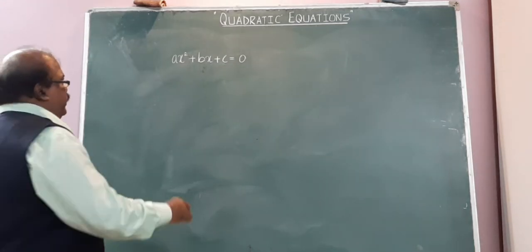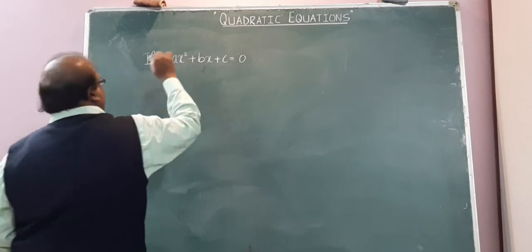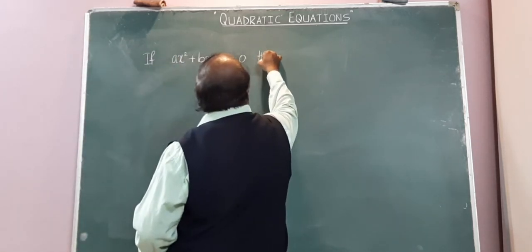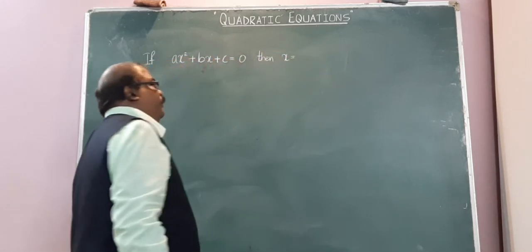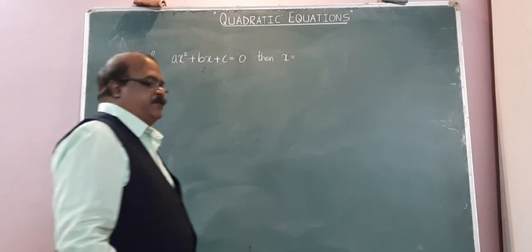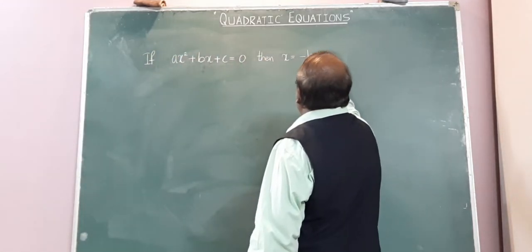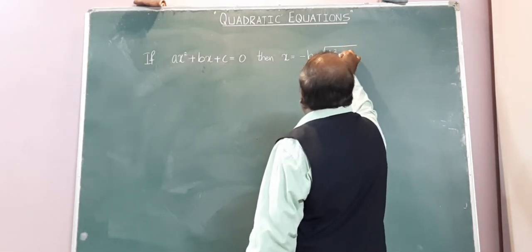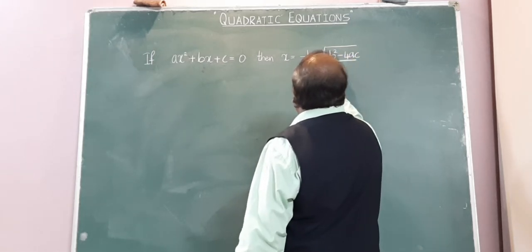An objective question asked very often in exam. If ax square plus bx plus c is equal to 0, then what is the value of x? The value of x, remember, is minus b plus or minus root b square minus 4ac upon 2a.